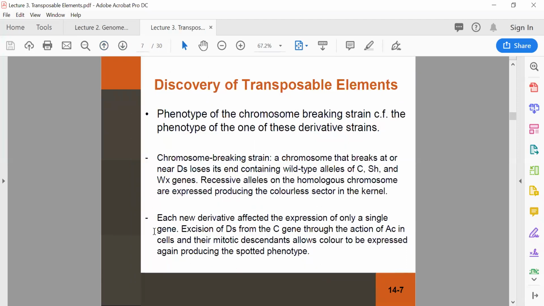Then at the bottom of that slide, we looked at a particular derivative, which affected the expression of only a single gene, the C gene, the pigmented gene. We saw that the DS was inserted into the C gene. When the AC activated the loss of the DS from the C gene, all the mitotic descendants from that cell would have colour expressed again, and that produced that spotted phenotype in an otherwise colourless background.